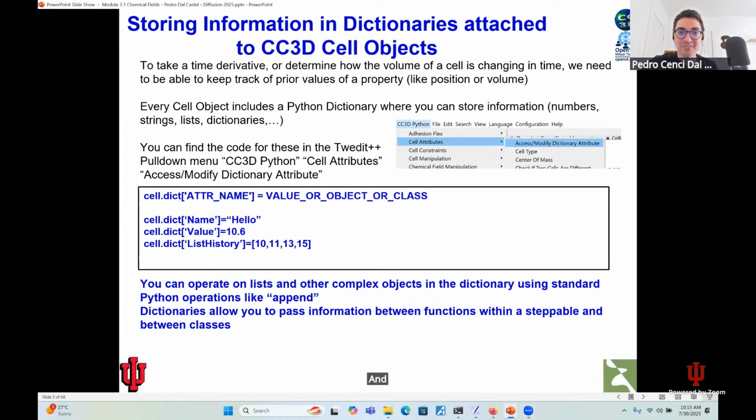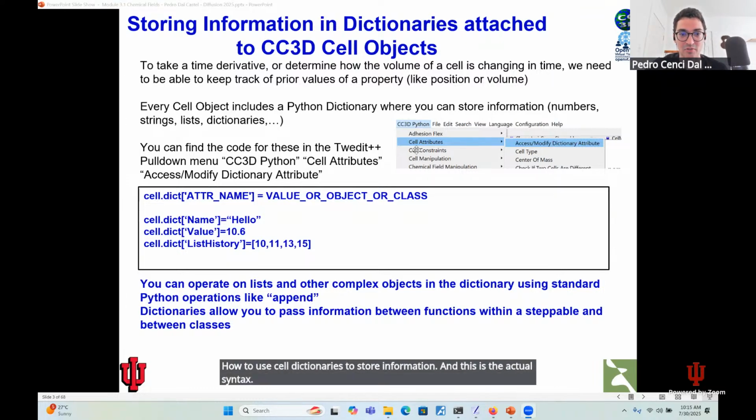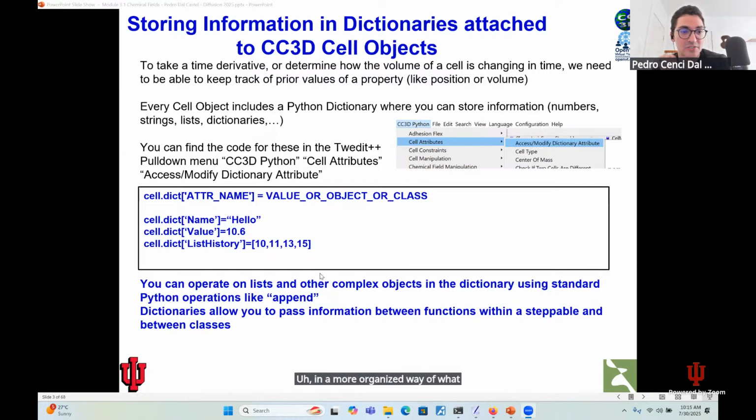And I'm still not talking about diffusion because yesterday we saw how to use cell dictionaries to store information. And this is the actual syntax in a more organized way of what you should be doing. So in the start function, you can initialize an attribute of a cell by using the syntax cell.dict and then open close square brackets and then under quotes the name of the attribute.